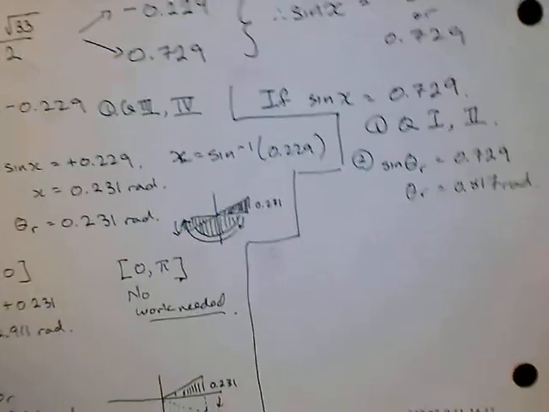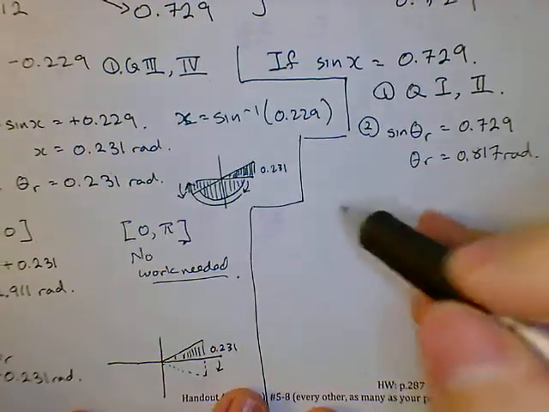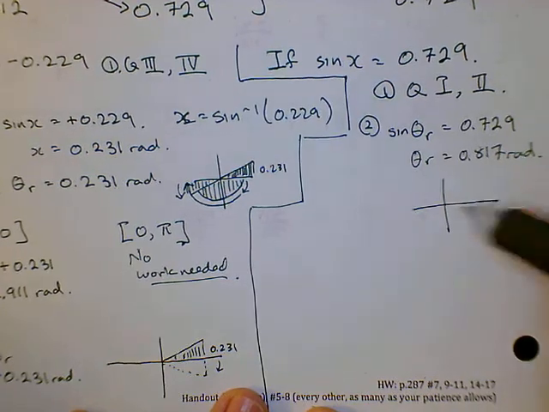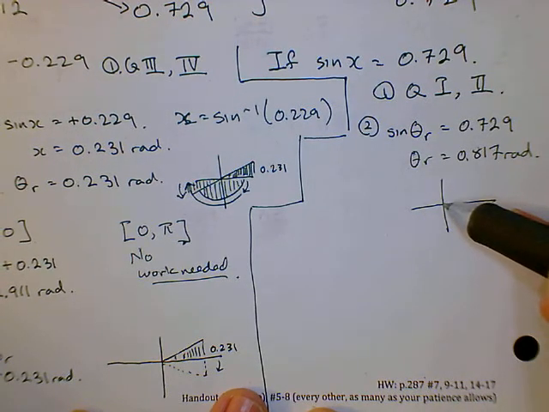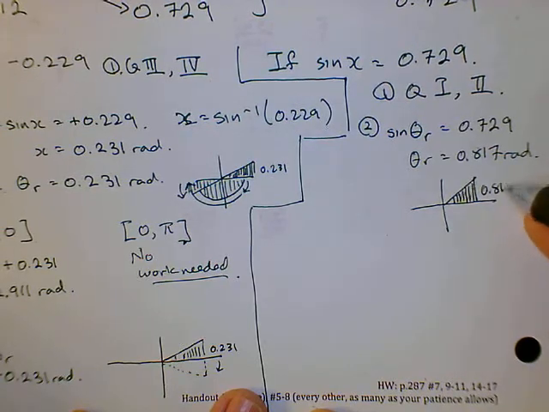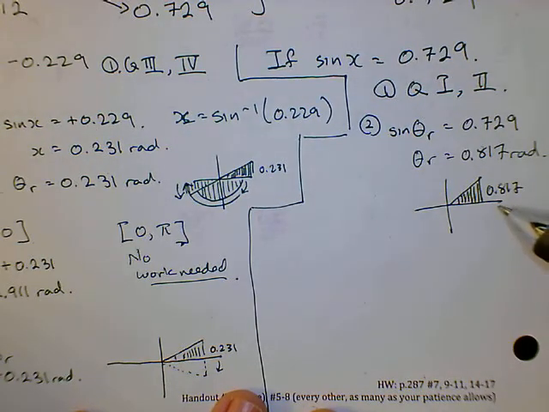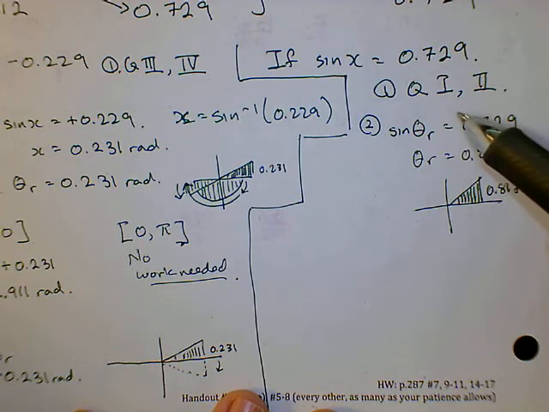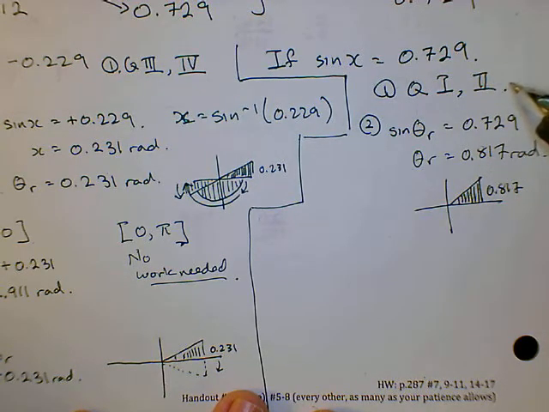And so that is going to be somewhere something like that, 0.817. I need to know what this angle would be for quadrant 1, for quadrant 2, for 2 different intervals.